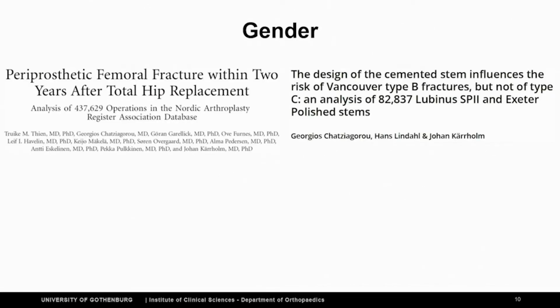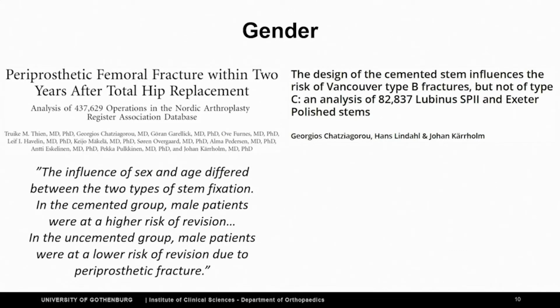The one study investigated revisions during the first 2 years after the primary hip arthroplasty and found that men had a higher risk in the cemented group, but a lower risk in the uncemented group.